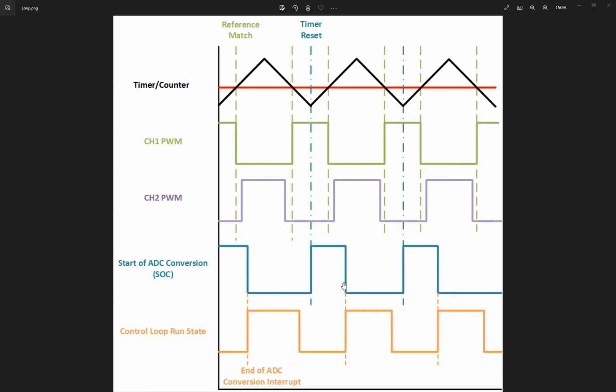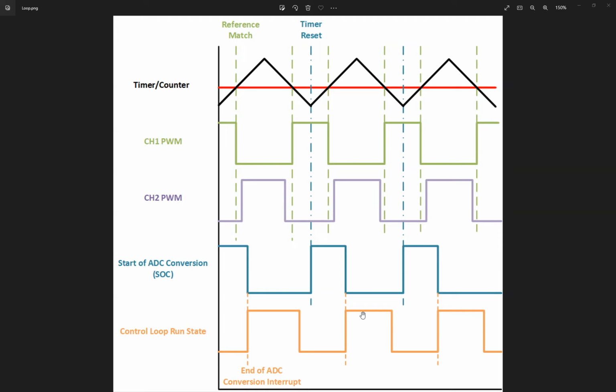Whenever all of the conversions have completed, it means that we have the data from all of the current sensors and voltage sensors. So now we go to the interrupt, and we can use this measurement or sensing to compute the PWM or the duty cycle or the reference red value for the next cycle.